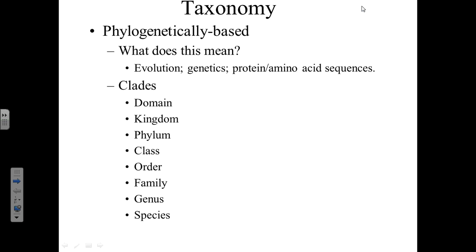There are 3 domains: Eukarya. Anybody remember the others? Eubacteria and Archaea. Depending on what textbook you look at, there are anywhere from 4 to 7, sometimes maybe even 8 kingdoms. I usually am going to teach you the 6 kingdom approach. Well, not usually 8, but sometimes the protist group gets broken into lots of different things.